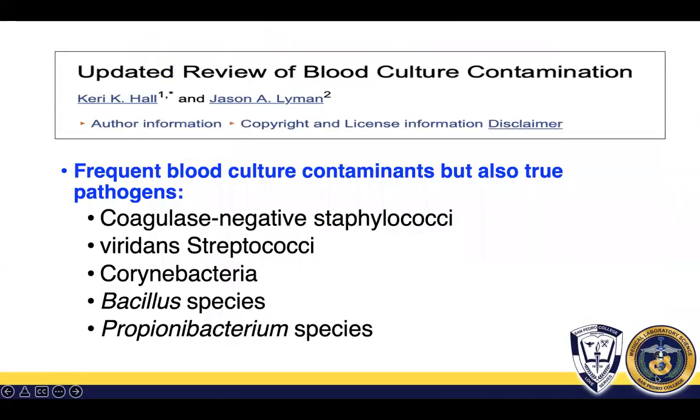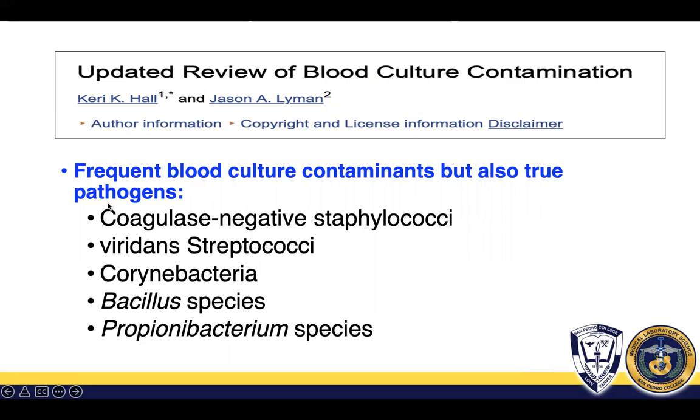Okay, so here's an update on blood culture contamination. A certain study found that coagulase negative staphylococci, viridans streptococci, corynebacteria, bacillus species, as well as propionibacterium species are frequent contaminants, but these are also well-known pathogenic organisms.